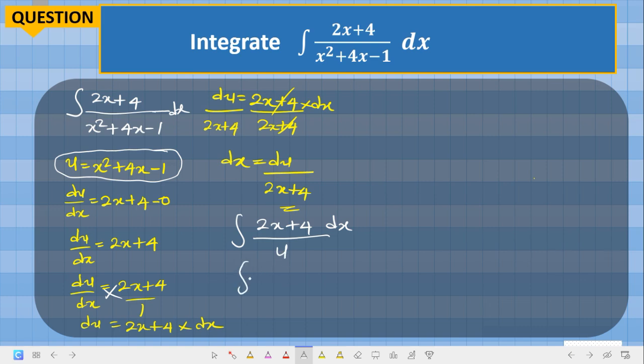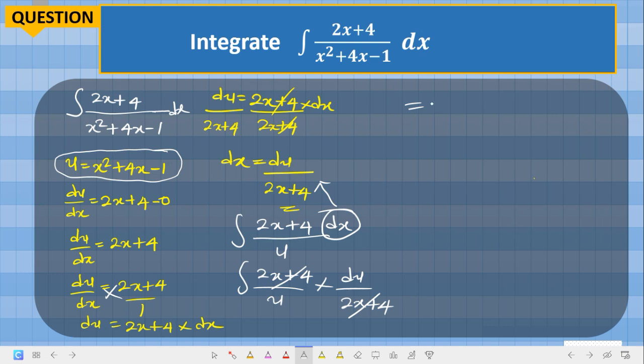Now this becomes the integral of 2x plus 4 all over u. Now our dx is du over 2x plus 4, so in place of dx, we put du all over 2x plus 4. 2x plus 4 cancels 2x plus 4.